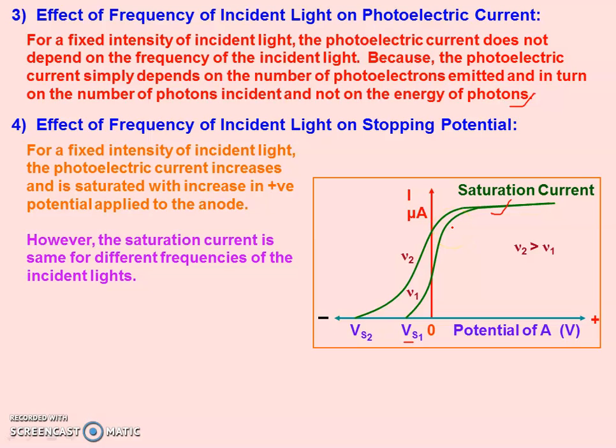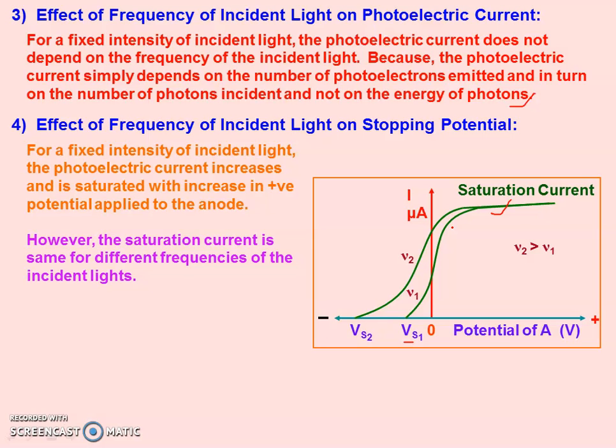The reason is that when we increase the frequency, the energy of the photon increases, but the work function of the metal always remains constant. It means that the kinetic energy of the emitted electron will increase if we increase the frequency.